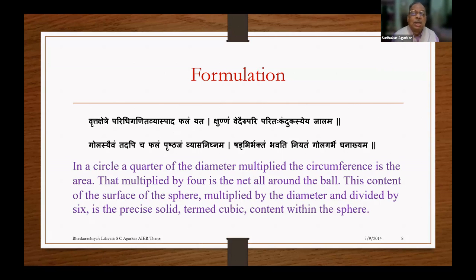Our students, now so familiar with coaching classes and guides, somehow don't like this, but this is true. There is no need for him to solve, because whatever formulation he gives, if you follow it, you will certainly arrive at the answer. So he gives the formula or the procedure first, and then gives the problem.